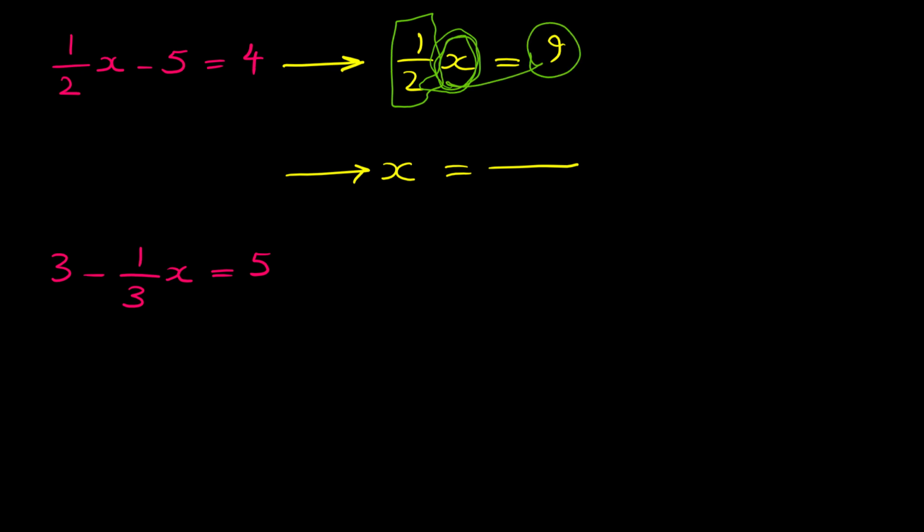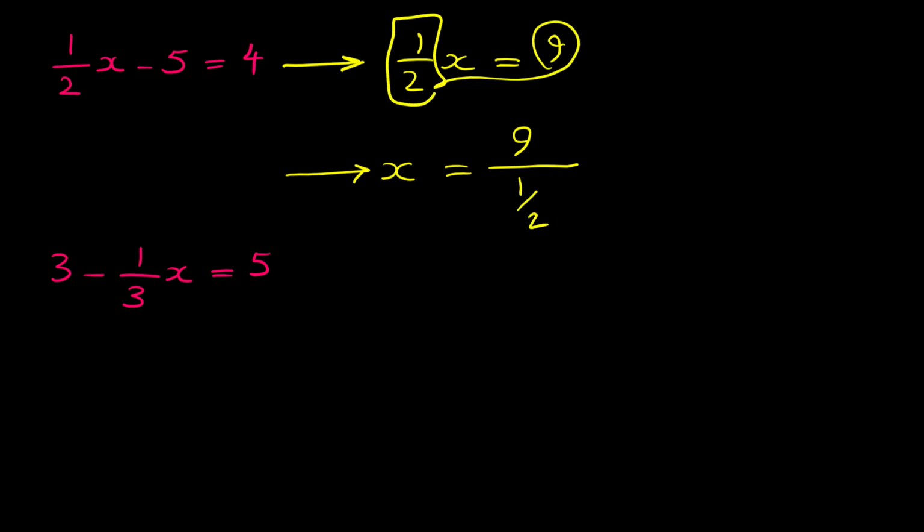Half of 18 is 9, because 18 divided by 2 is 9. So x is 18. You can guess x. But we want to find x. We don't want to guess the value of x. Here is mathematics. We don't want to guess anything. We want to prove anything. We want to solve anything. So x is 9 over 1/2.